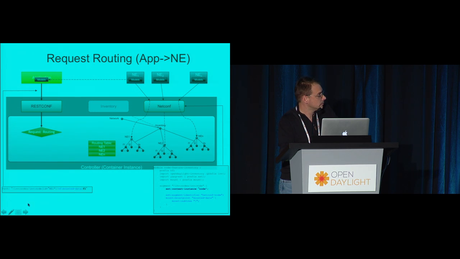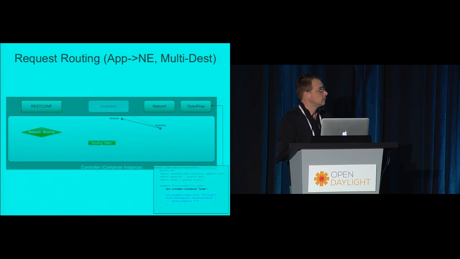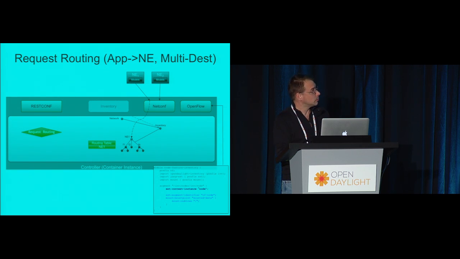Here's your RESTconf call for that same command. You can use various interfaces to do this as well, which is also part of the example. Then the response comes back, again, through the netconf interface. This is multiple destinations, so multiple pings.